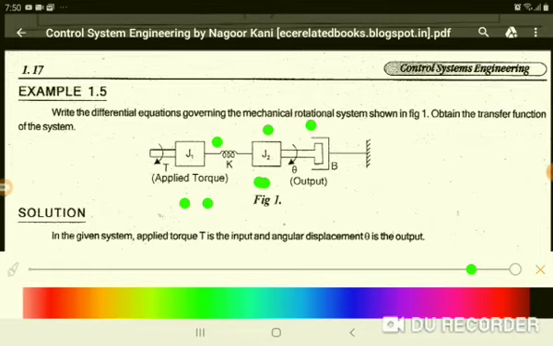Then B is connected between J2 and the reference. So we draw the free body diagram considering the torque at J2, the torque at K, and the torque at B.